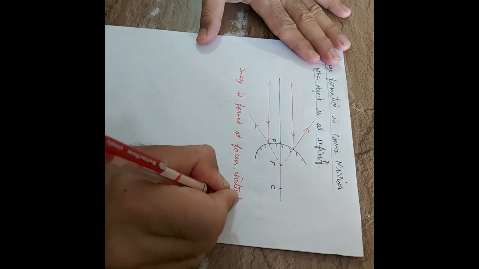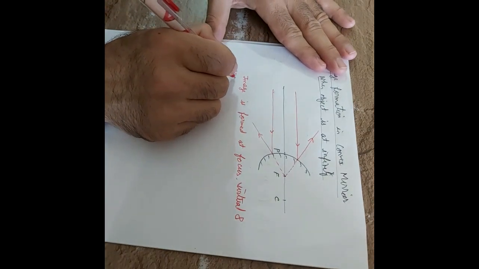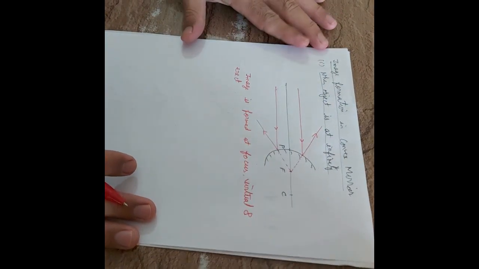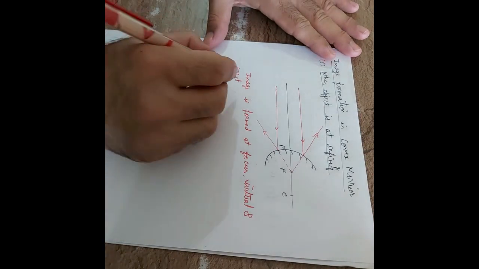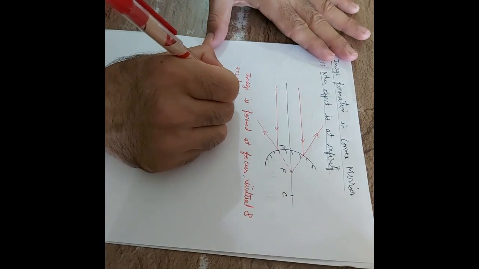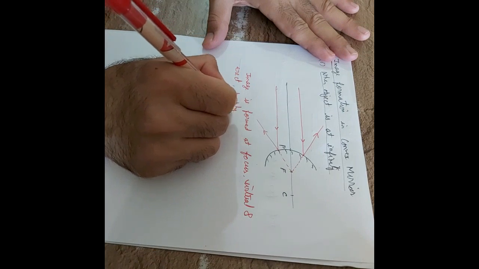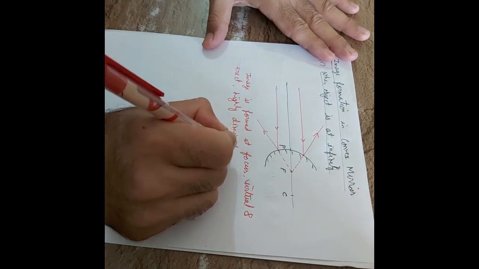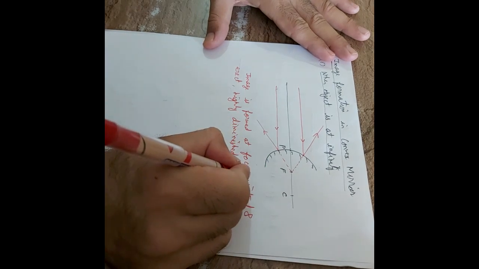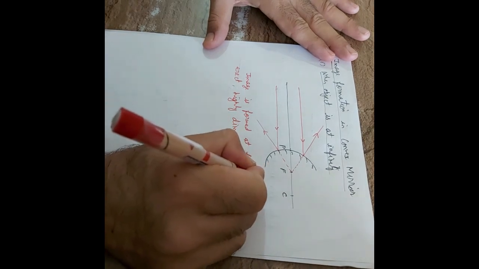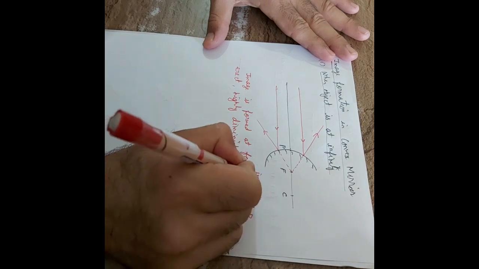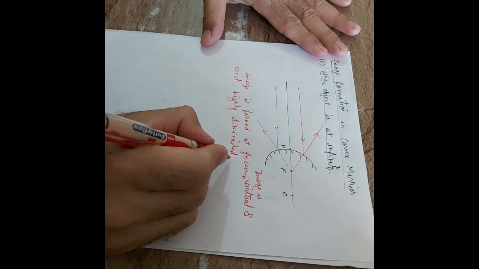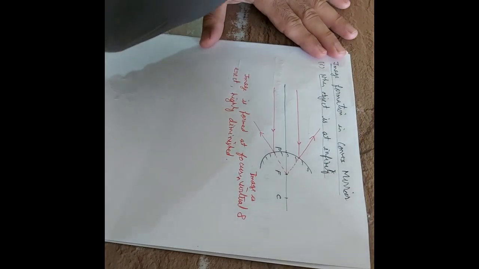Why virtual? Because rays of light are not meeting in actual practice, they appear to meet, and this image is highly diminished. Image is virtual, erect, and highly diminished.